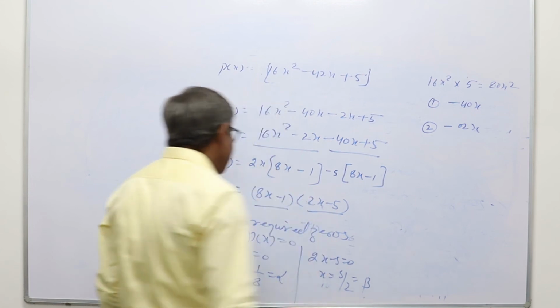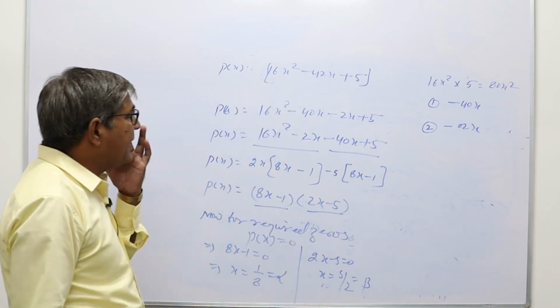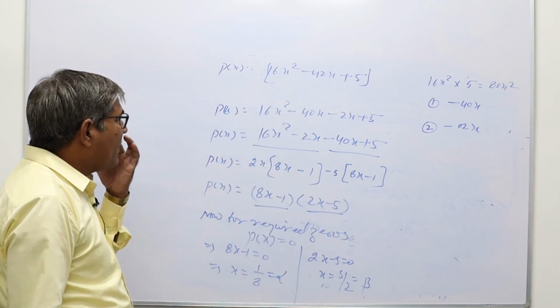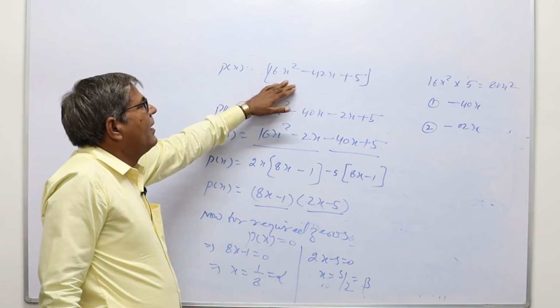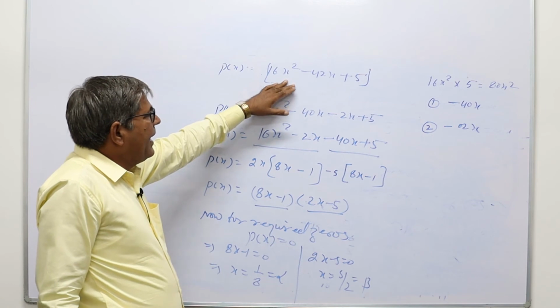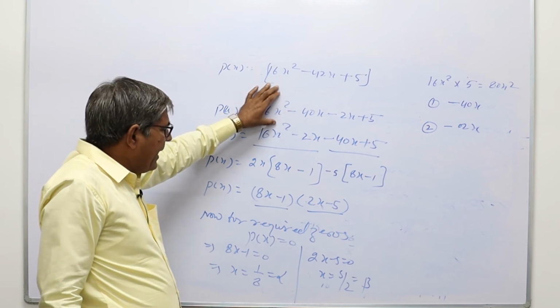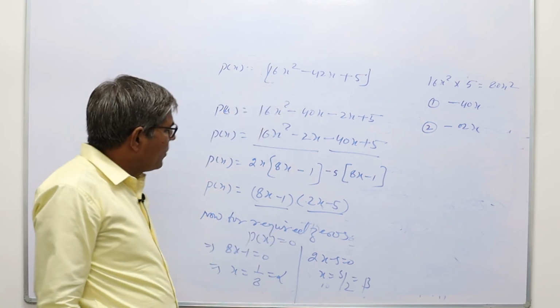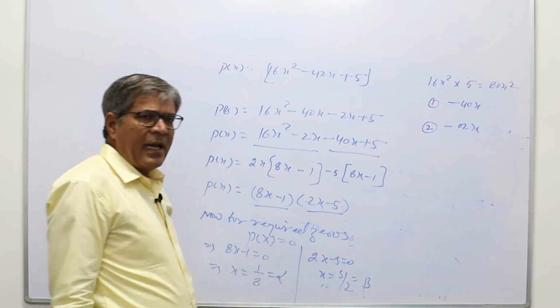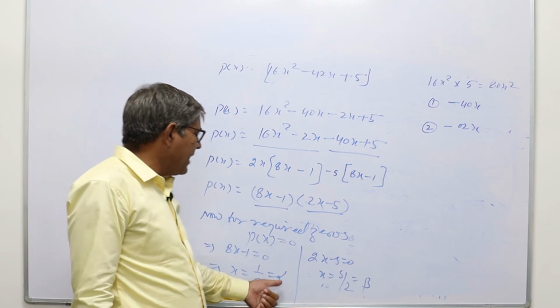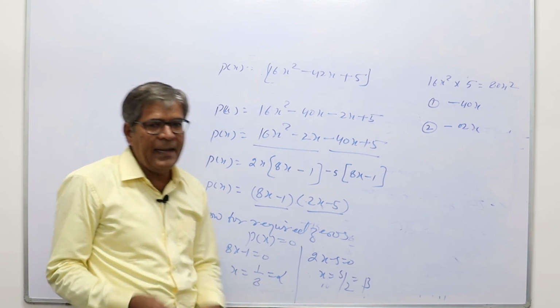beta. So in this way, using the factor method, first we will resolve the given quadratic polynomial into its prime factors. Then for required zeros, we will put the quadratic polynomial equal to 0 and solve for the required zeros alpha and beta.